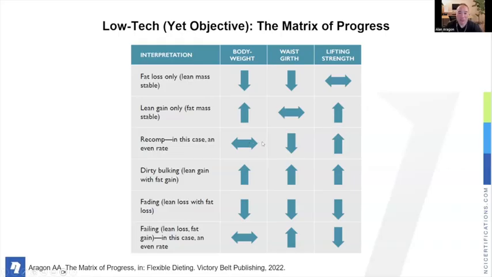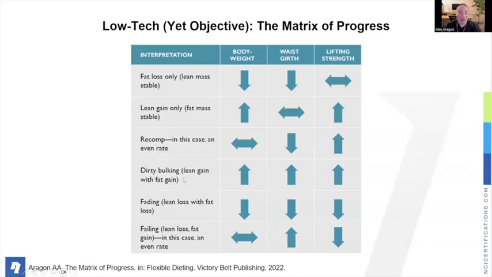So if body weight is stable and waist girth is decreasing and lifting strength is increasing, then we can safely say that, to whatever relative degree, you are gaining lean mass and losing fat mass, as indicated by stable body weight, but decreased waist girth and increased lifting capacity.